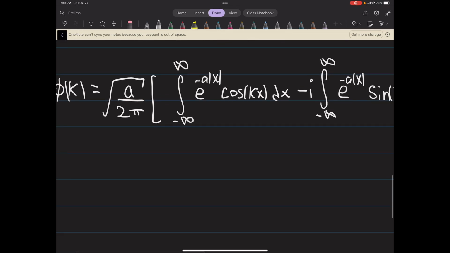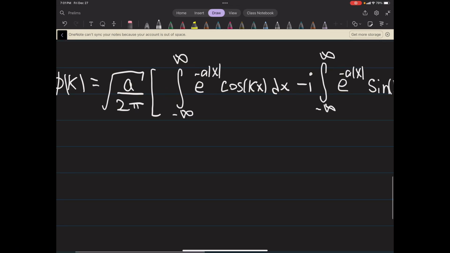So, a few things. We can simplify this a little bit. Hopefully you can see that this is an even function. We already made an argument for why the e term is even, and of course cosine is always even. And an even function times an even function is an even function.